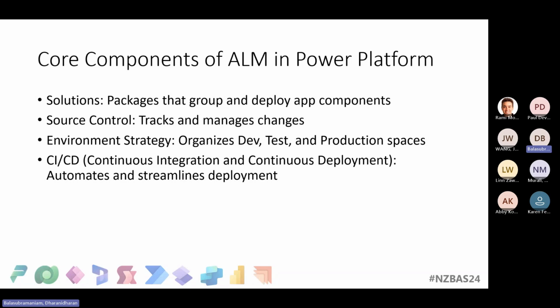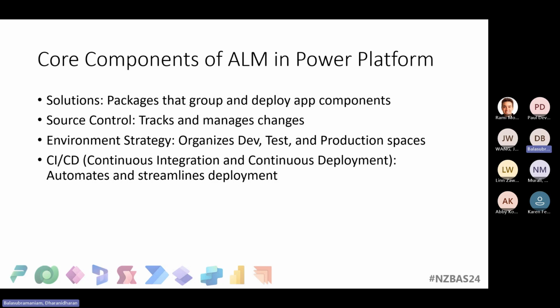And finally, the CI/CD, the continuous integration, continuous deployment. The CI/CD pipelines are where the magic happens. They let us automate processes like solution exports, validation, and deployments. Rather than doing all those things manually, the CI/CD tool handles them for us, saving time and also reducing errors.